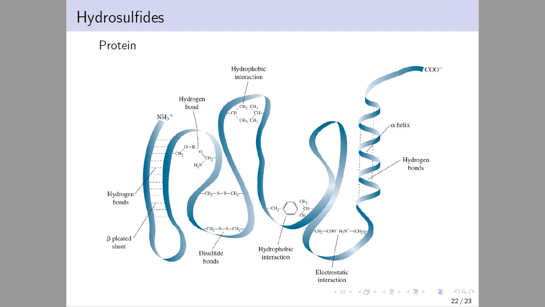Here again we see hydrogen bonds and electrostatic interactions, which we are going to see in biophysics 3. I think that is all for this lecture number 1.